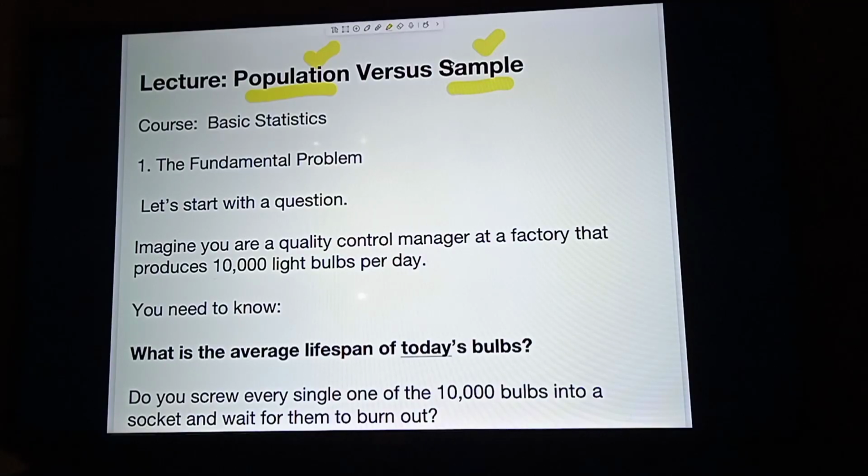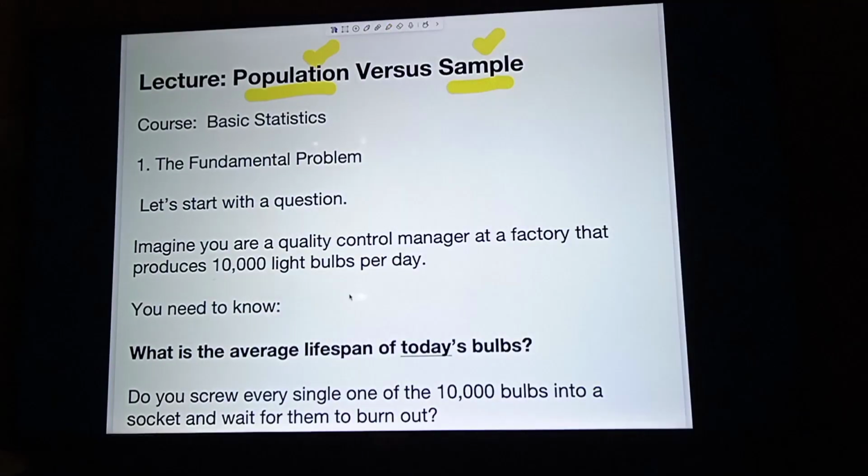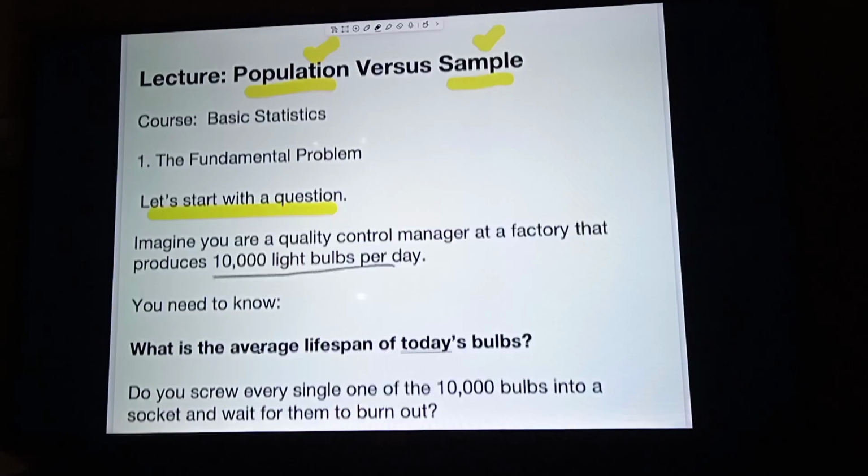So let's begin. Let's consider a real life situation to help understand population versus sample. So let's start with the problem. Imagine you are a quality control manager at a factory that produces 10,000 light bulbs per day.